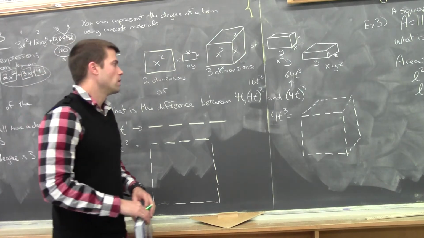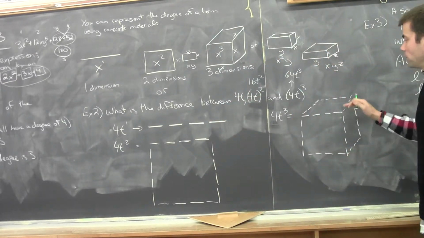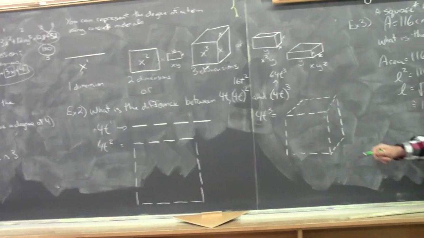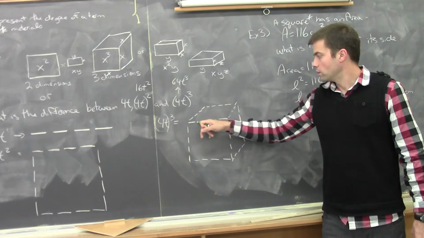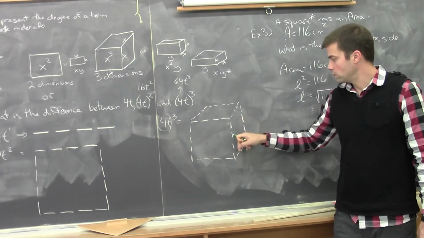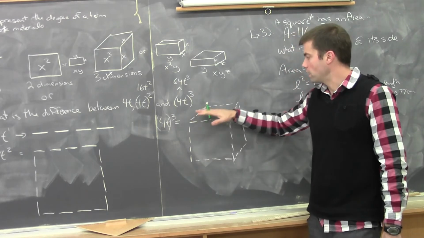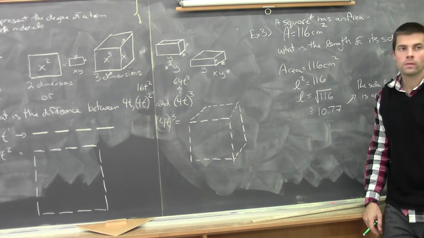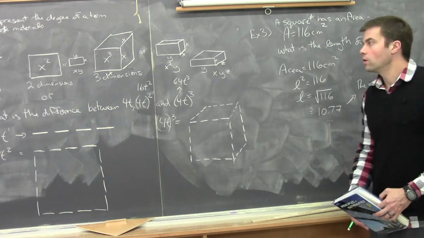Okay. And finally, in 3 dimensions, we're going to draw a cube. So each side of the cube has 4. And it's 3-dimensional. Any questions there? No? Okay.